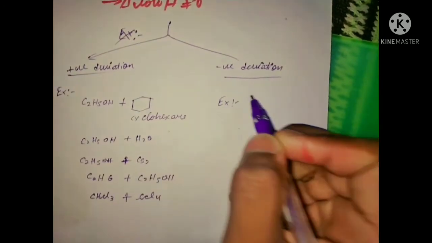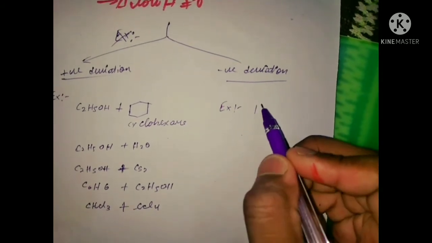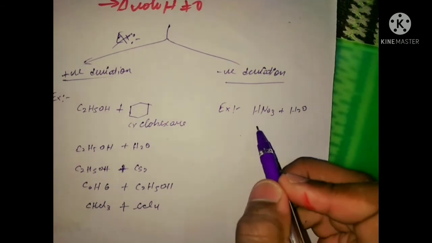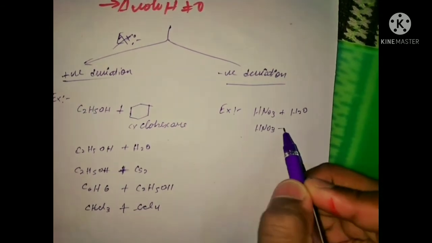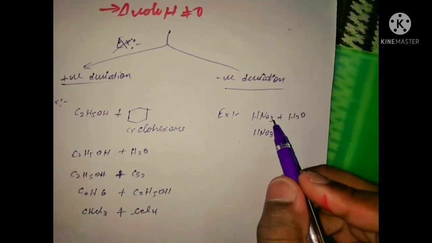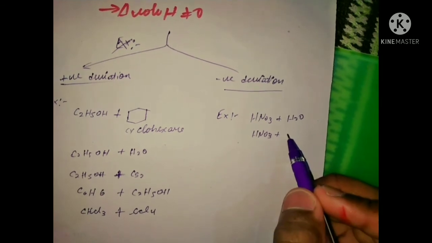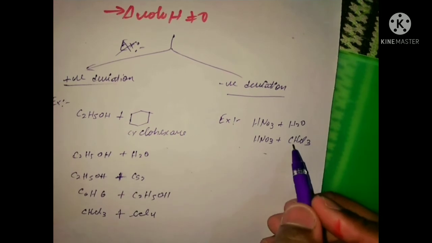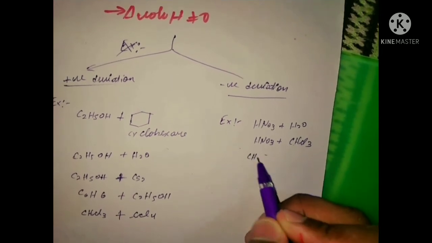Next, the examples for negative deviation. Negative deviation: HNO3 plus H2O, HNO3 is nitric acid, plus CHCl3. CHCl3 is chloroform.